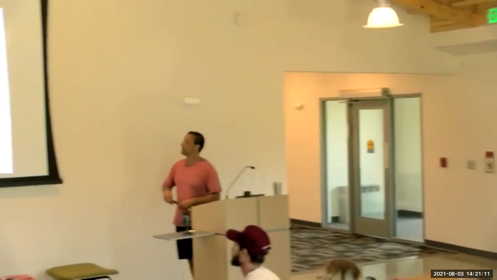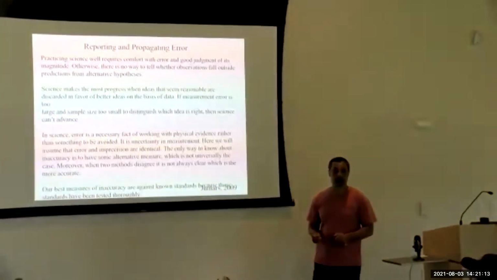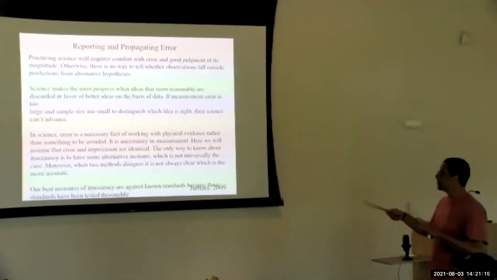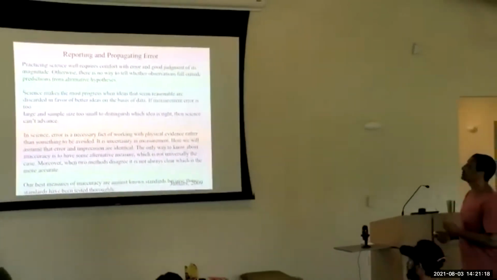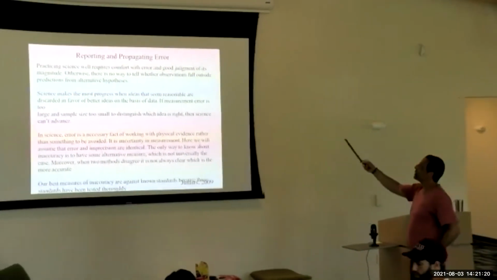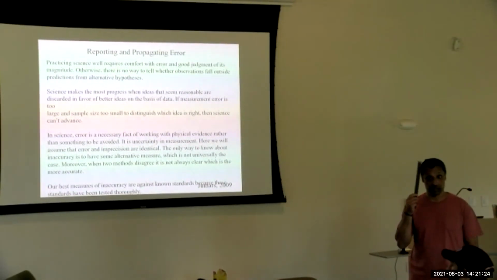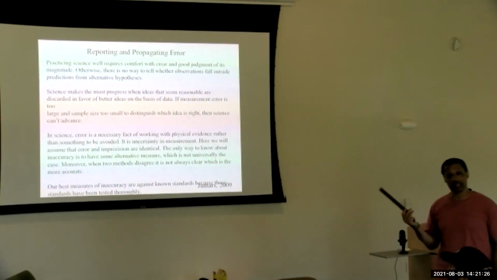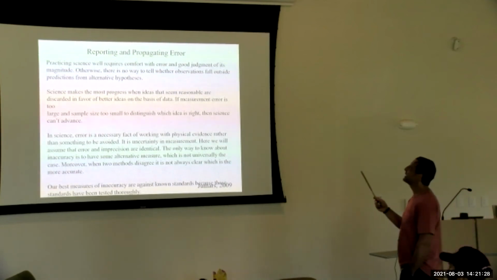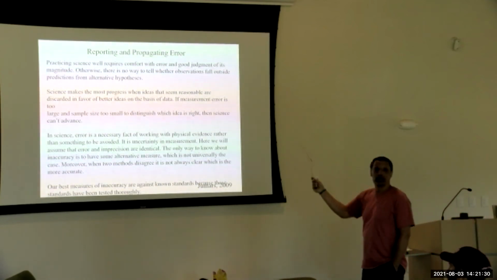So this is a text that Pete Humors wrote. I'll read it and then I'm going to skip some of the stuff that's coming afterwards. Practicing science well requires comfort with error and good judgment of each practice. The judgment is something you have to think about. Otherwise, there's no way to tell whether an observation is outside a prediction from an uncertainty.